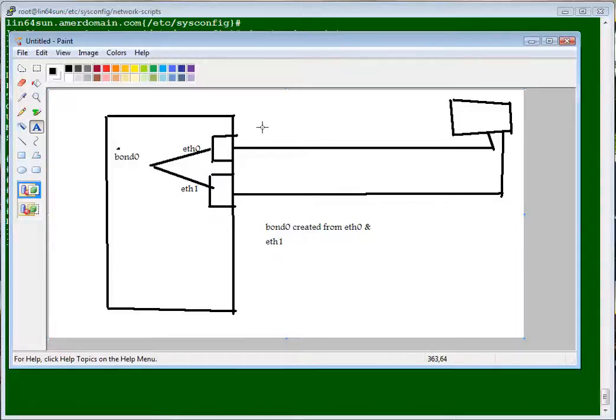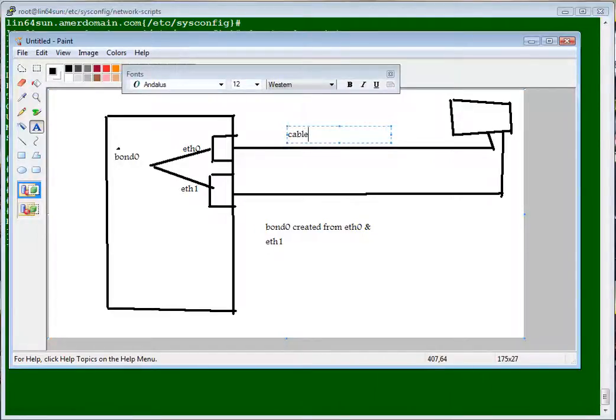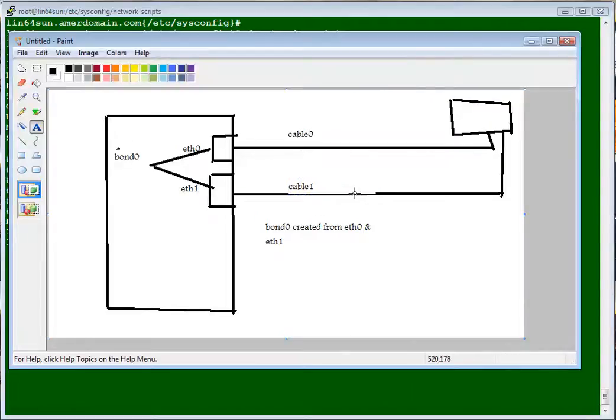Here, this is one cable, cable 0, and this is cable 1. This is just labeling, there is no such thing as cable 0 physically. Cable 0 is connected to the Ethernet 0 card, and cable 1 is connected to the Ethernet 1 card. In active active, both the links or cables can be active at the same time.